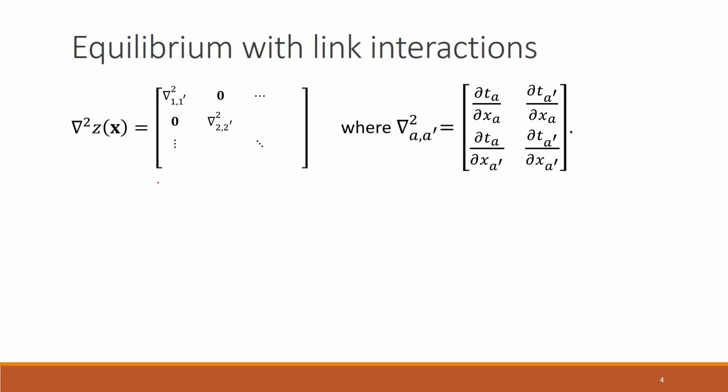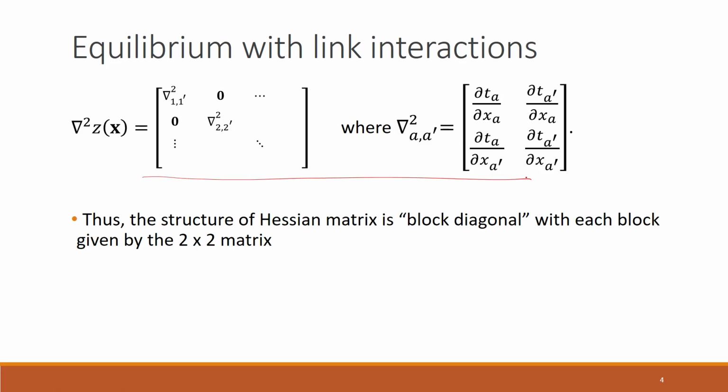I have just written this again because we are still discussing this here. So, the structure of this Hessian matrix is a block diagonal matrix with each block given by the 2 cross 2 matrix, which is this one here. Okay. So, you can see that there are these different blocks here, which are themselves 2 cross 2 matrices in this large Hessian matrix.